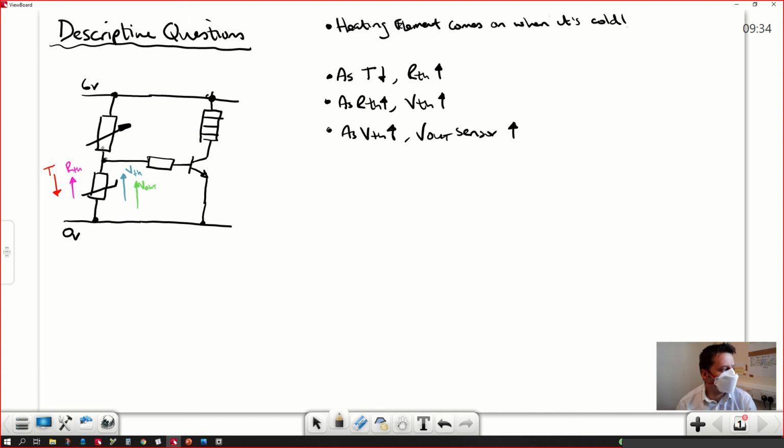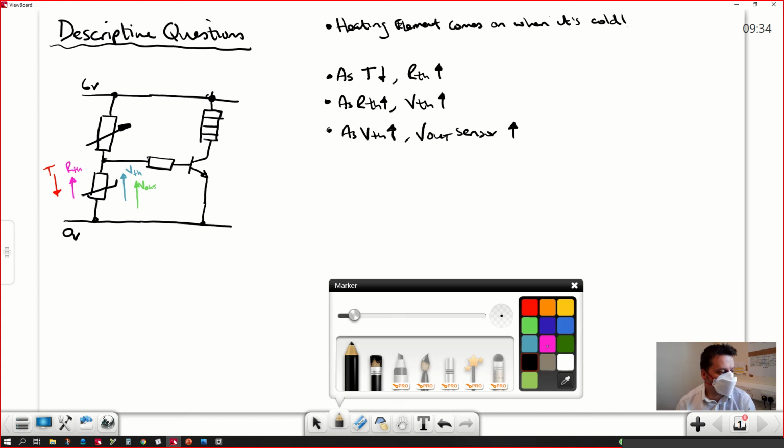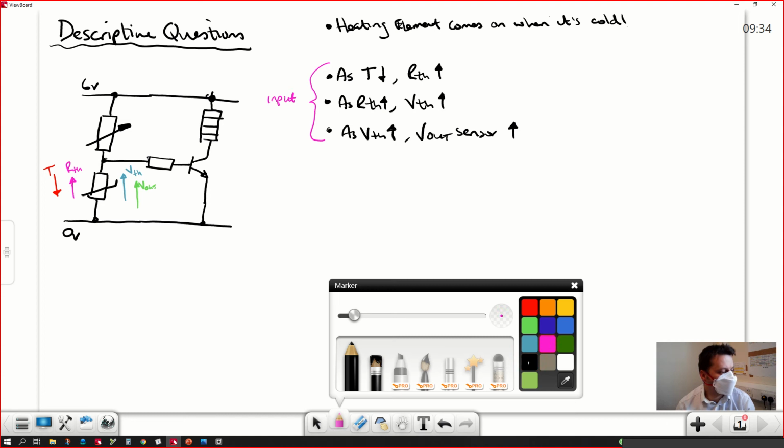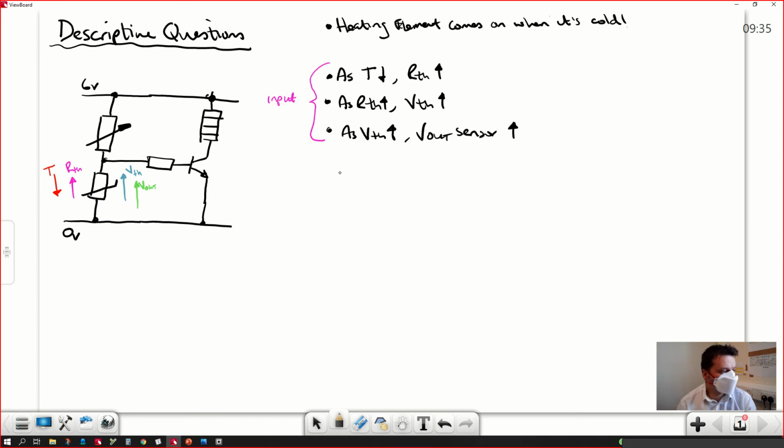So that's that descriptive part of the sensor. So that bit there is describing the input. You've then got, as sensor V out goes up, transistor approaches saturation.